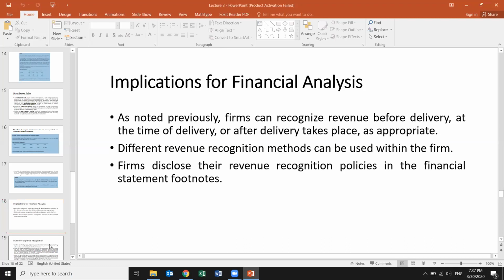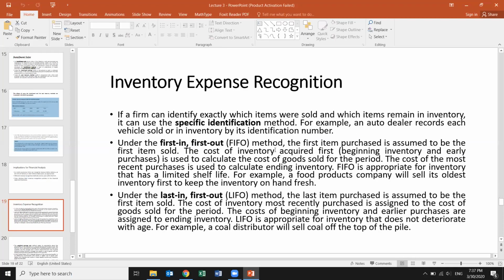Okay. Coming to inventory expense recognition. On one side, we understood how to recognize revenue, with 4 methods. On the other side, we have expenses that need to be recognized as well.